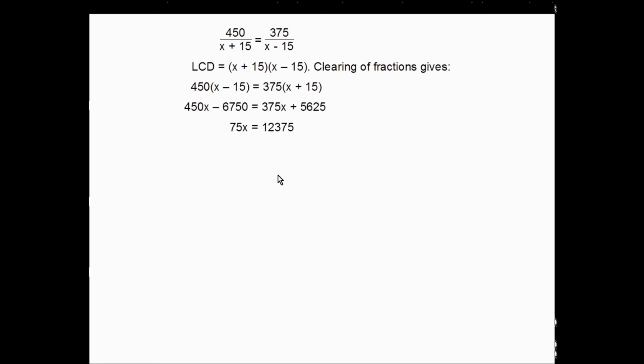Subtract 375x, add 6,750. You get 75x is 12,375. Divide by 75, so x is 165 miles per hour. The plane is traveling at 165 miles per hour in still air. That's the end of section 3.4.